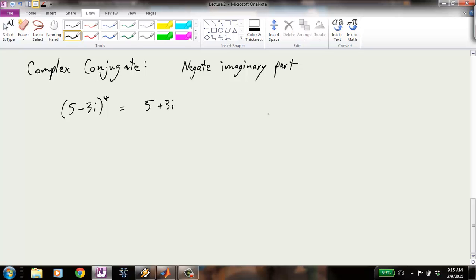The complex conjugate reflects across the real axis in the complex plane. So if your number is here, then the complex conjugate is down here.